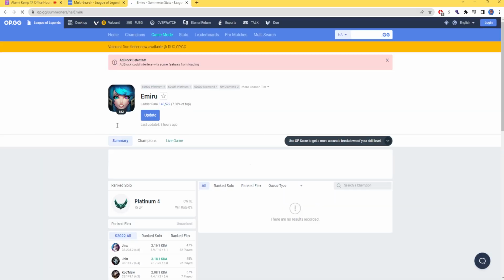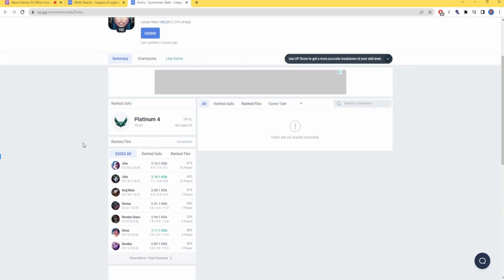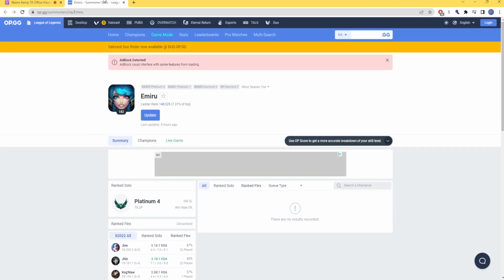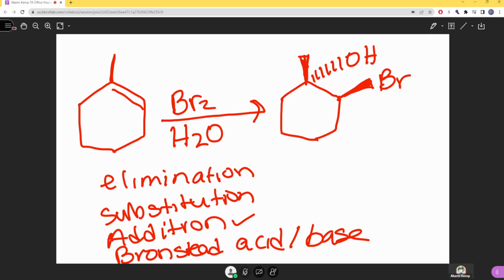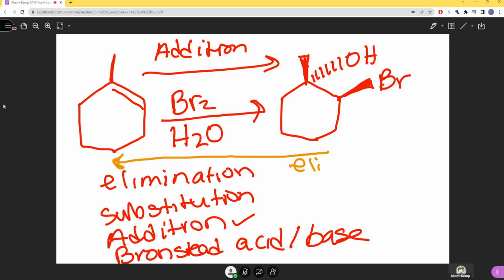It wasn't elimination because we're not eliminating. Elimination is actually the opposite of an addition reaction. For example, going this way is addition. For elimination, you would go the other way, from the reactants to this product here. Have you learned about elimination yet or no?